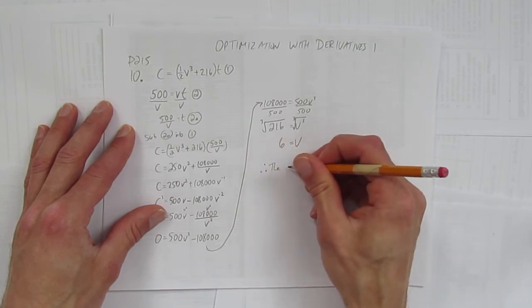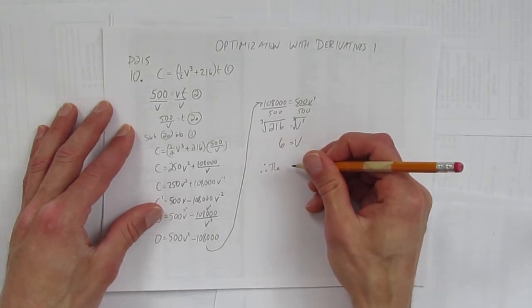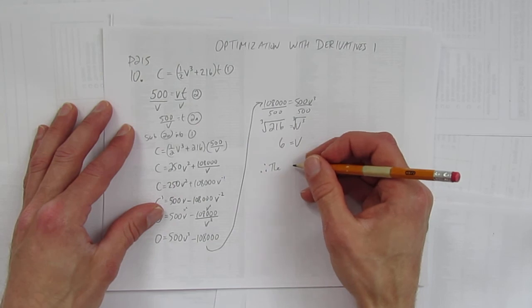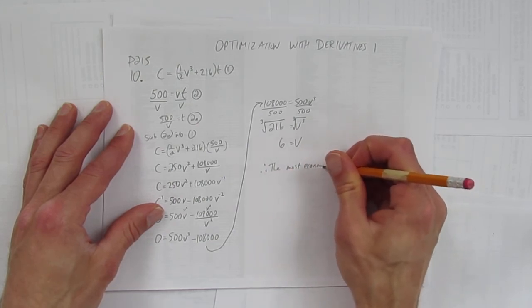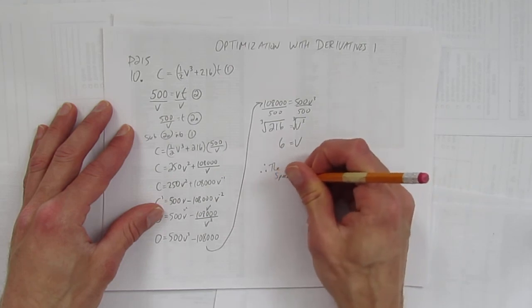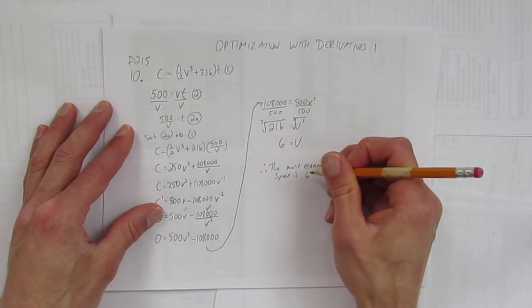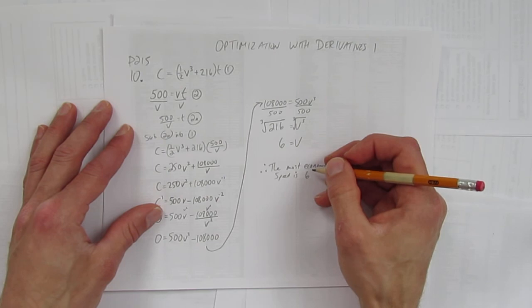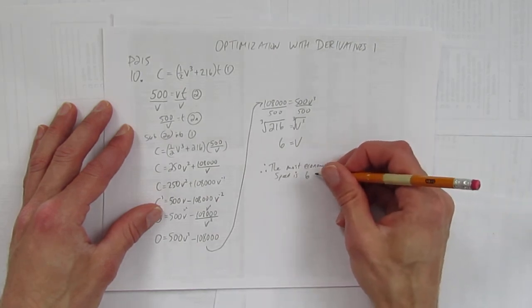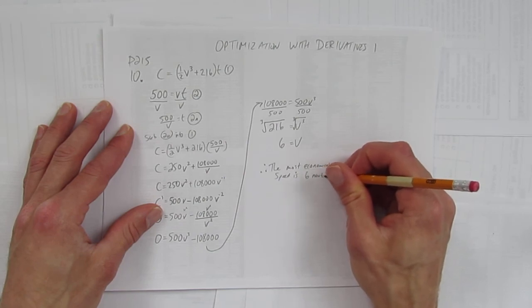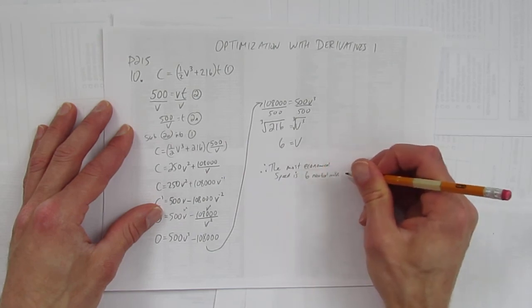Let's write that down. I'll read the question again, what it asked for. Find the most economical speed to run the ship. The most economical speed is 6, and I just have to look at the question to see the units. The units were nautical miles, so 6 nautical miles per hour.